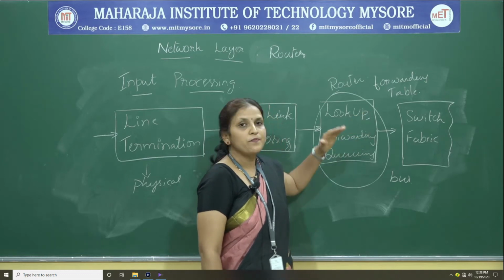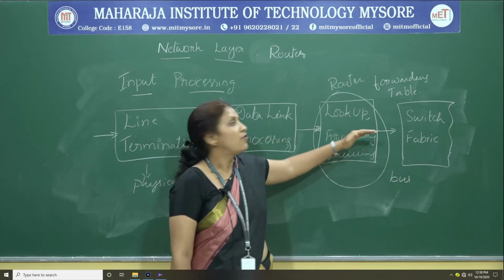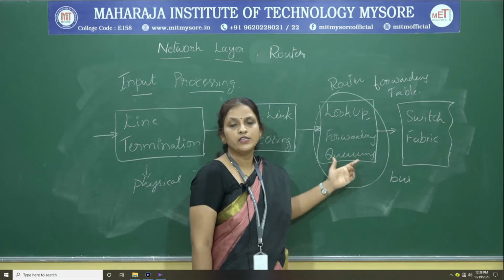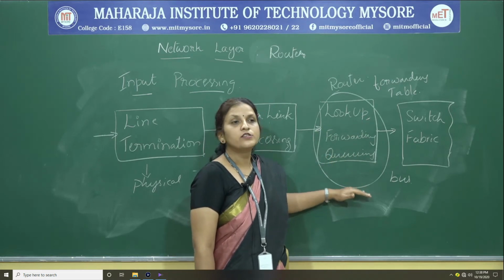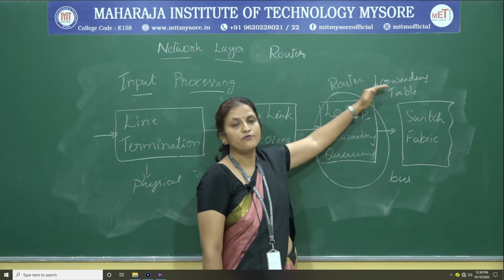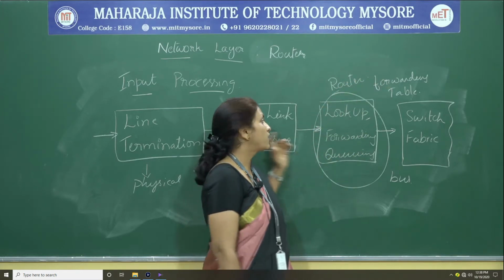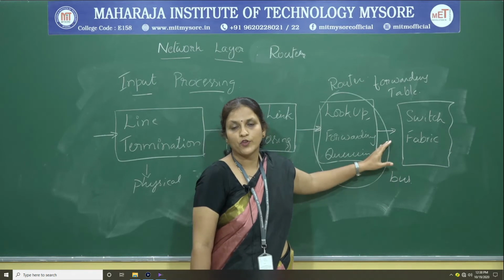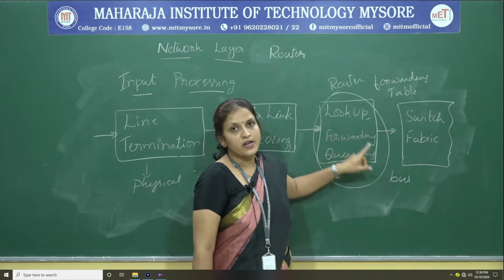Since we have a separate copy of the forwarding table for each of these input port lines, there is no necessity of approaching the routing processor every time for each of the packets arriving at each input port. Okay. So, it is not centralized.